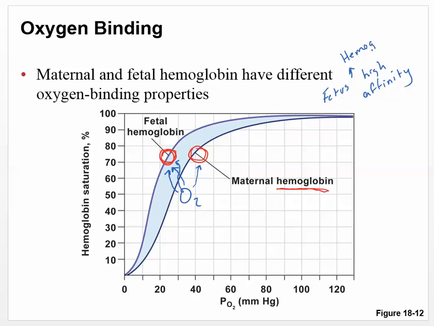That protein structure is a little bit different, and so the hemoglobin of a fetus has higher affinity than mom's, and so that fetus can get the amount of oxygen that it needs. Any oxygen floating around in the extracellular fluid or that happens to pass into the uterus where the baby's growing, that baby will take that oxygen.